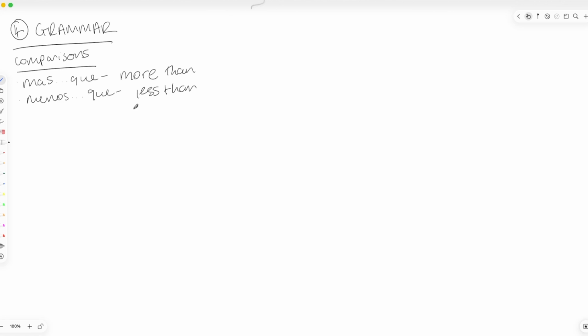And when we are using things like time expressions, we can say things like antes, which is before, ahora, which is like now or nowadays. We've also got actualmente, which for many dialects actually means currently.